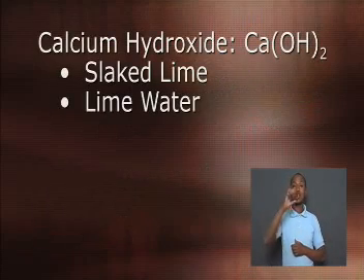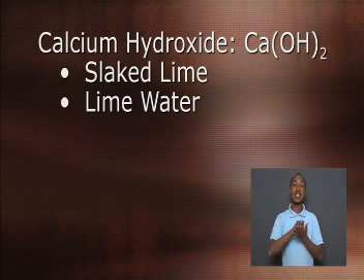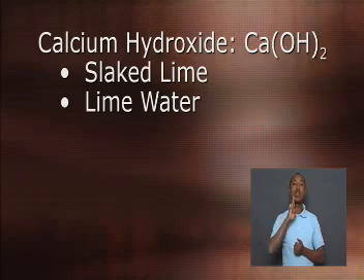Calcium hydroxide is a commonly used base that is also referred to as slaked lime or lime water when it is dissolved in water. Calcium hydroxide is a weaker base than both sodium hydroxide and potassium hydroxide.